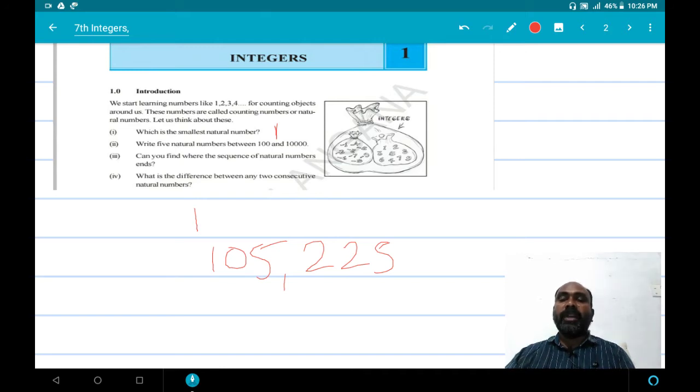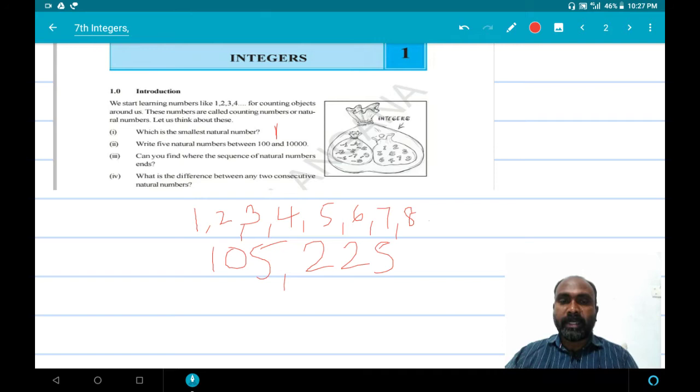Next one, can you find the sequence of natural numbers? Here 1, 2, 3, 4, 5, 6, 7, 8, etc. What is the difference between any two consecutive natural numbers?